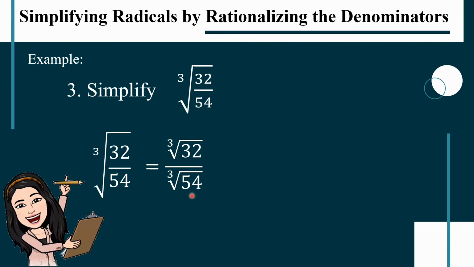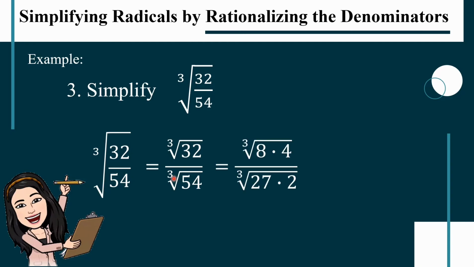Kung imumultiply natin sila, both sides, by a number that will make our denominator a perfect cube, medyo malaki. Why not simplify first the two numbers, yung 32 at 54? Tingnan natin kung meron tayong factors ng 32 na kung saan ang isa ay perfect cube, at ang factors ng 54 na kung saan ang isa ay perfect cube.